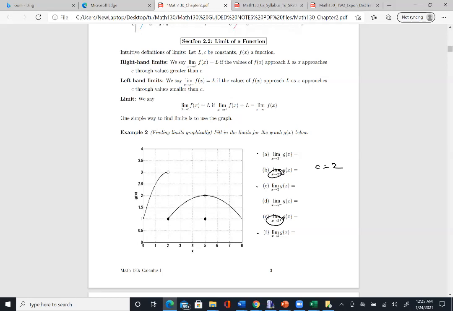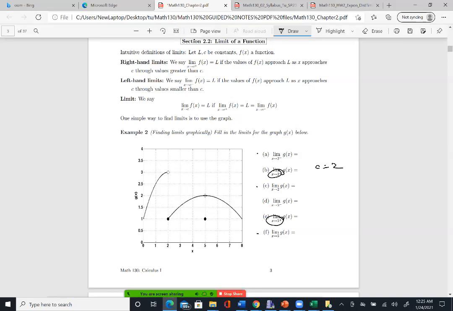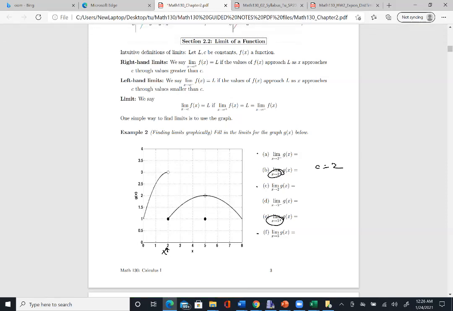So what does that mean? I have x equal to 2 here, and it says x approaches c through values greater than c, which means you go like this, going to c for the x value.